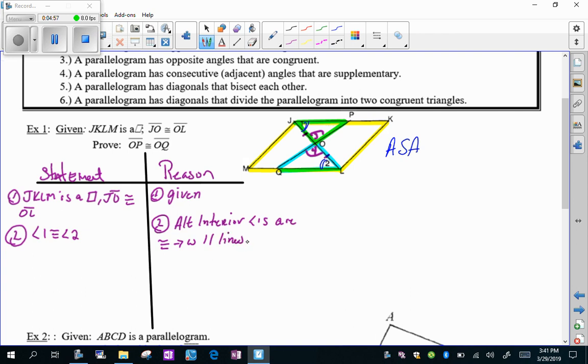Number 3, I'm going to list that angle 3 is congruent to angle 4. And that reason is vertical angles are congruent.